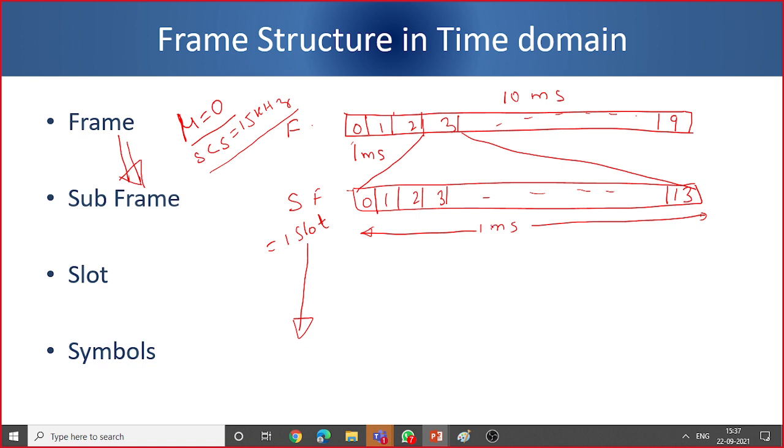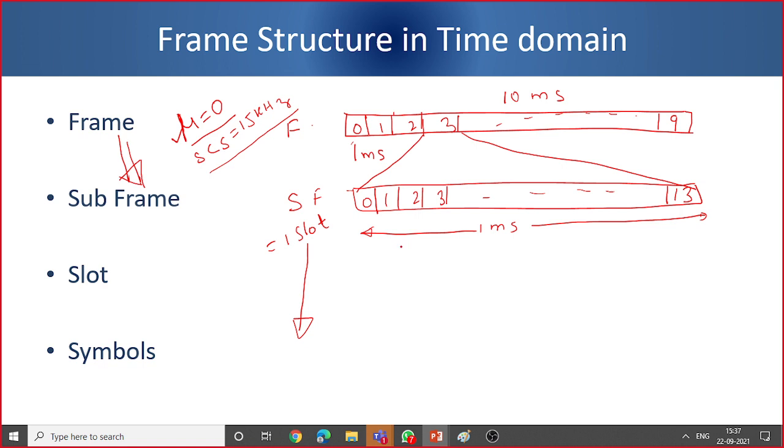This is the frame structure in time domain of 5G. It is similar to 4G. In 4G also we had a 10 millisecond frame, 1 millisecond subframe, and then we had a concept of half frame where 7 symbols will be there. So in effect, in 1 millisecond, you'll have 14 symbols. So as far as mu 0 is concerned, it is almost similar to the LTE frame structure.